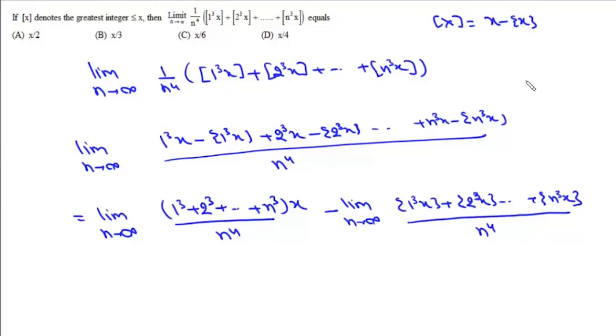Now we know that any fractional part function will always lie between 0 and 1.